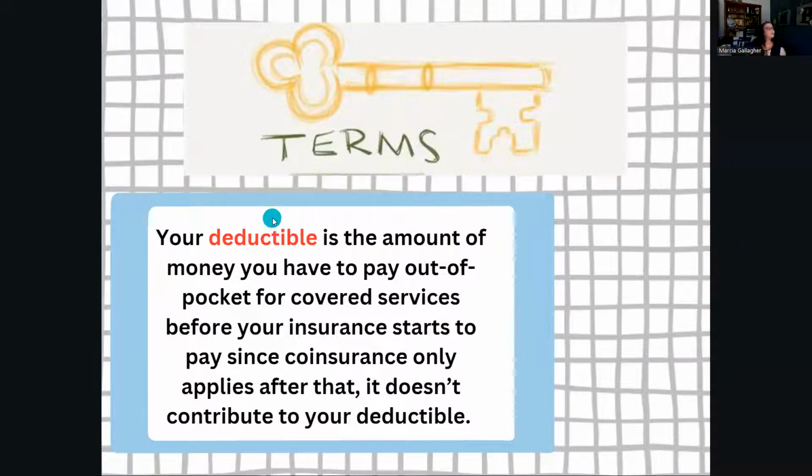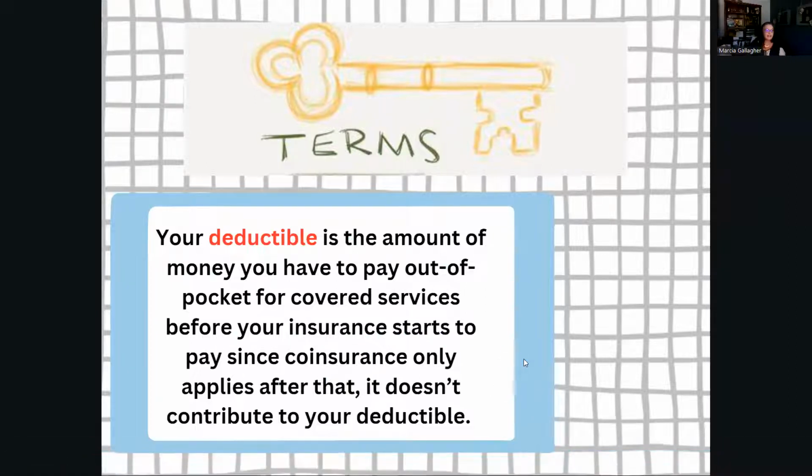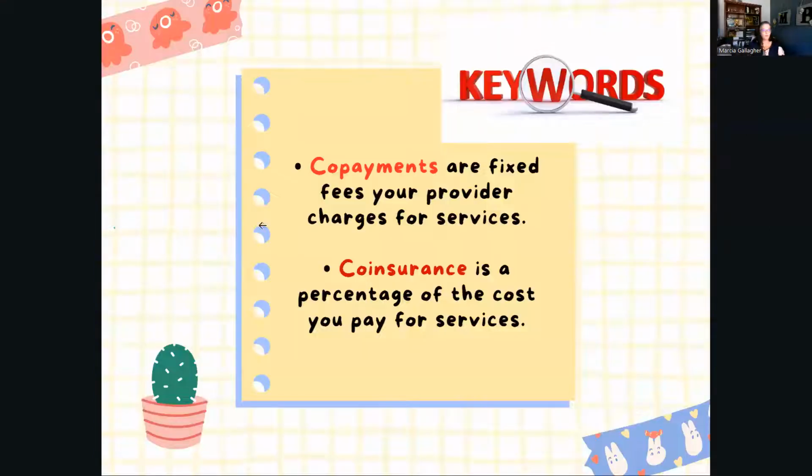I hope this makes sense and it does not confuse you. So here is another key term. Your deductible is the amount of money you have to pay out of pocket for covered services before your insurance starts to pay. So that's that big amount. So let's go back and once again go over.